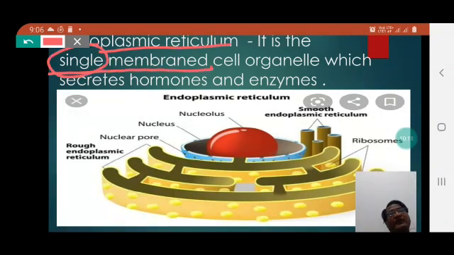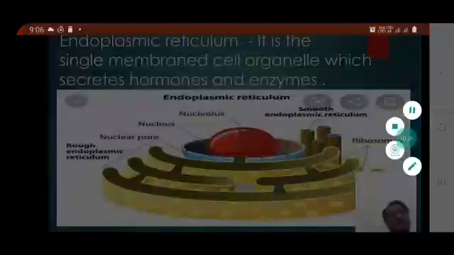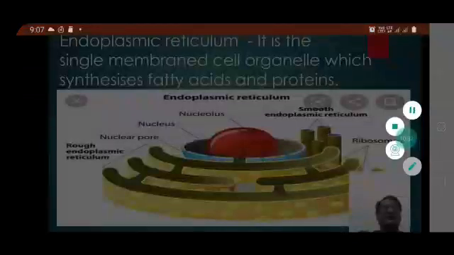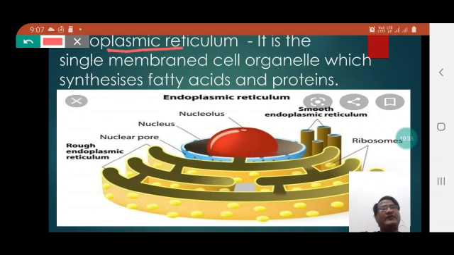That means only one membrane envelops the endoplasmic reticulum. And the main function of the endoplasmic reticulum is in the synthesis of fatty acids and proteins.